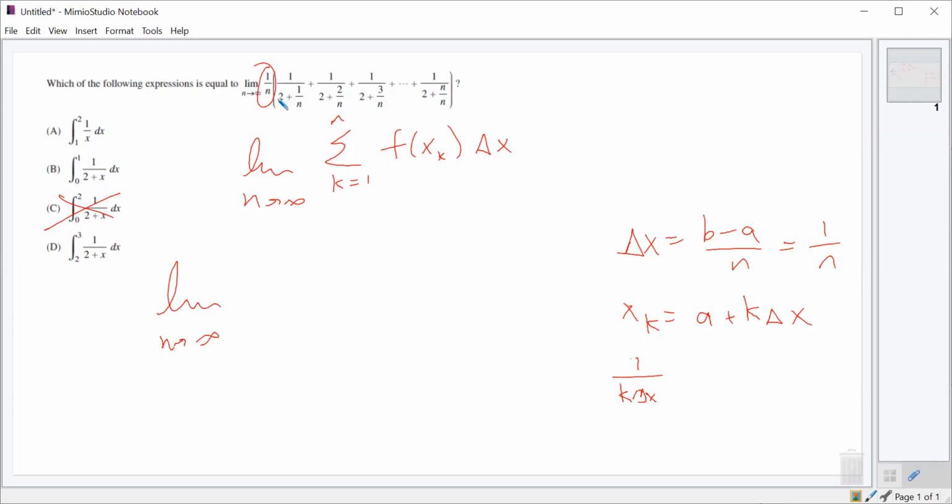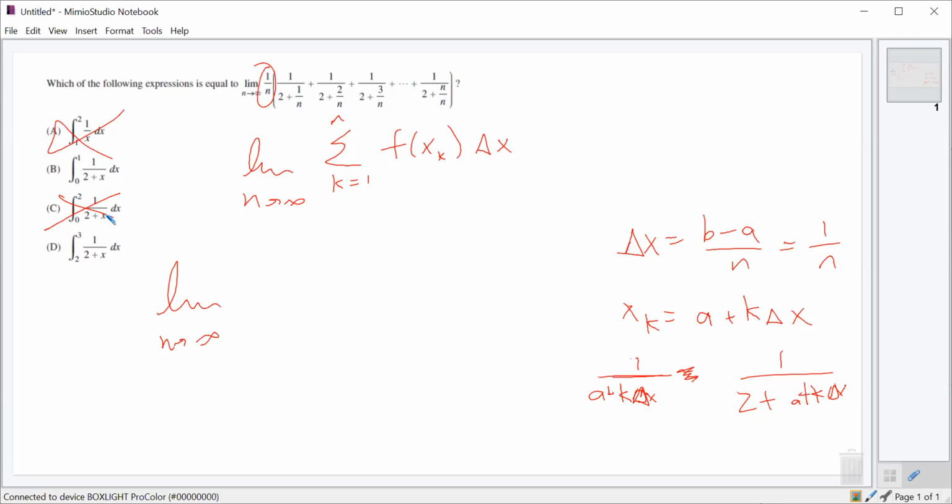We have 1 over 2 plus a plus k delta x. So it couldn't be this one. So that just leaves us with these two. And since we have a 2 down here, this is our 2 plus x.